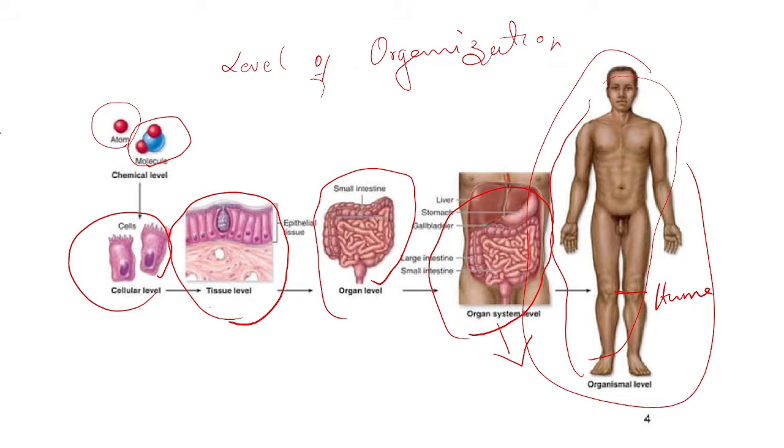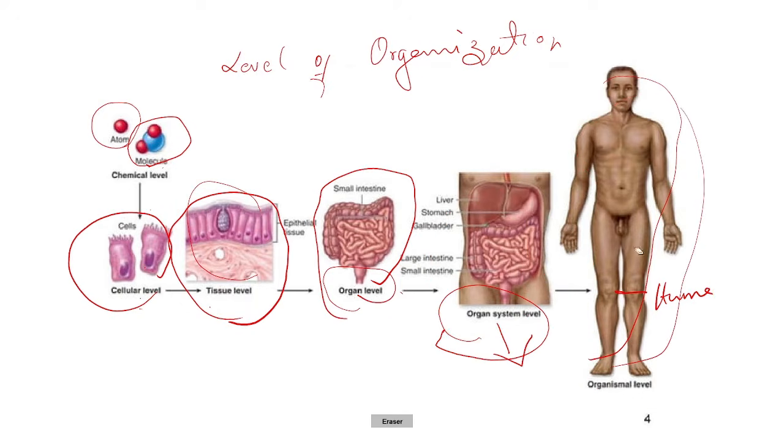Atoms come together and form molecules. Molecules come together and form cells. Same type of cells come together and form tissue. Different types of tissue come together and form organ, and different organs come together and form organ system. Different organ systems in the human body, that is organism. Okay, that is organism.